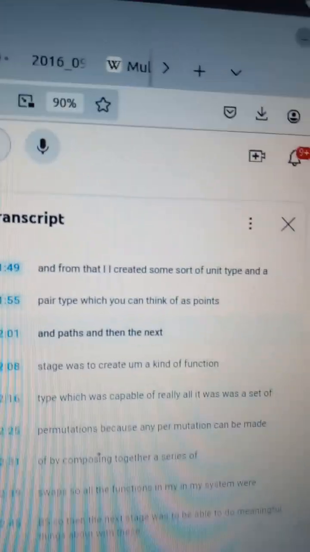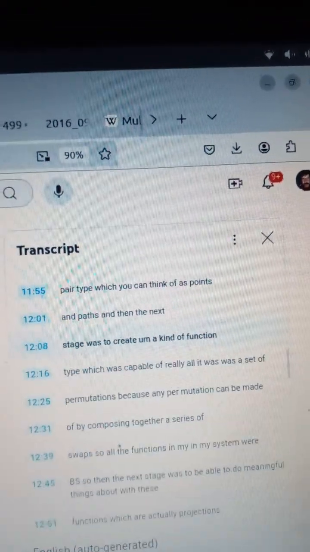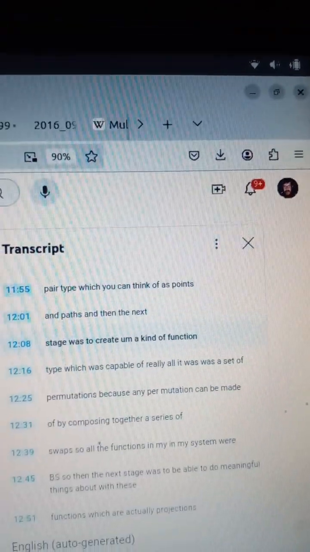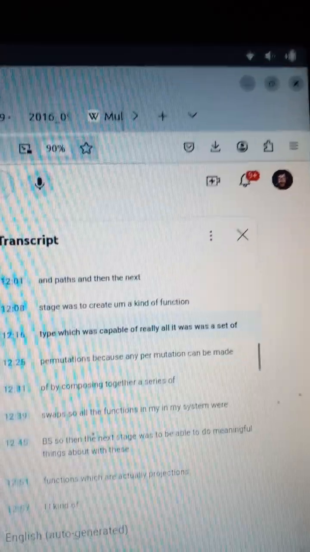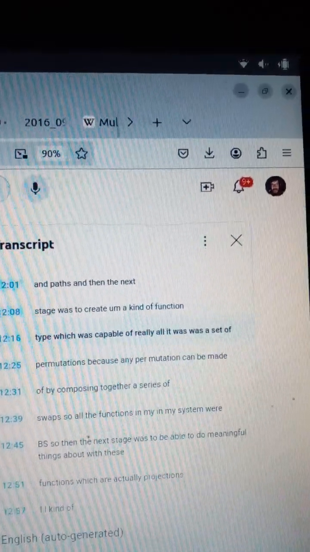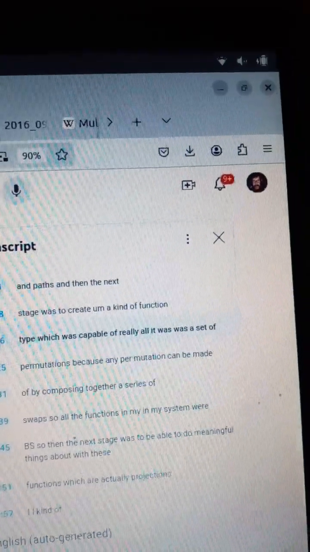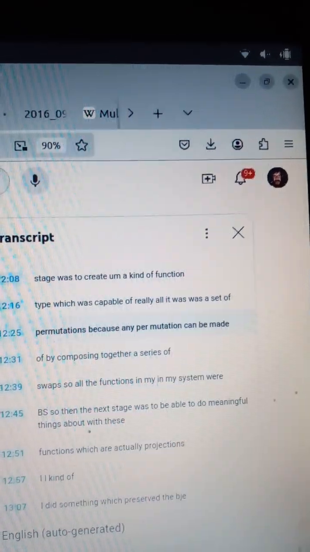And then the next stage was to create a kind of function type, which was capable of, really all it was a set of permutations. And here at 12:45 comes the BS.